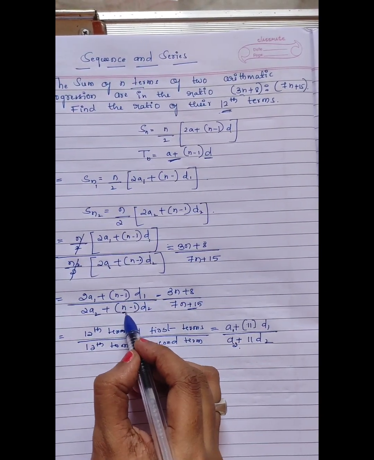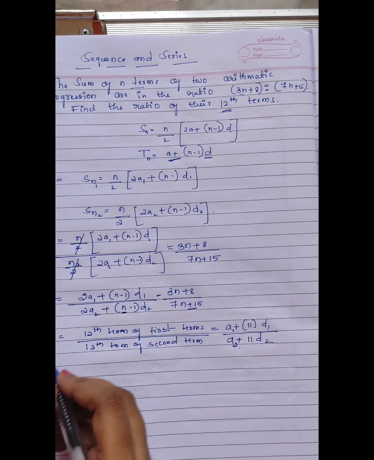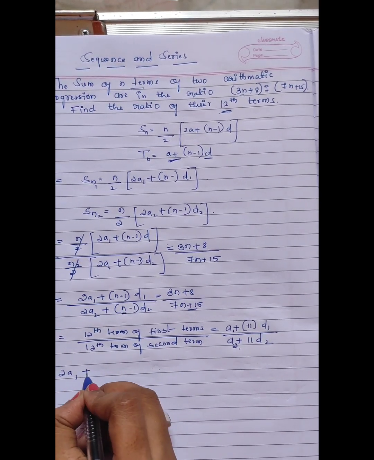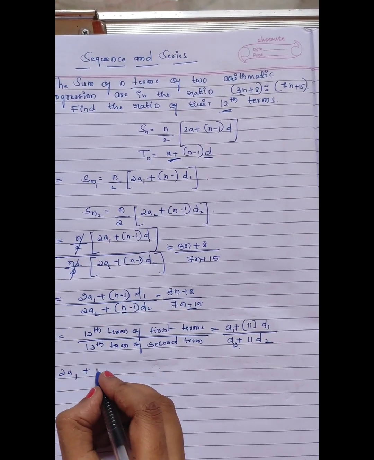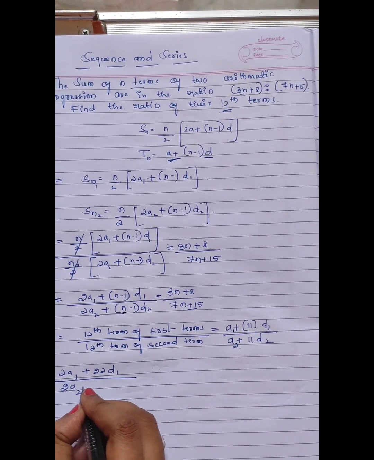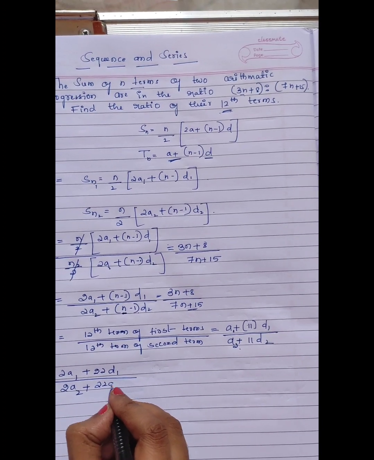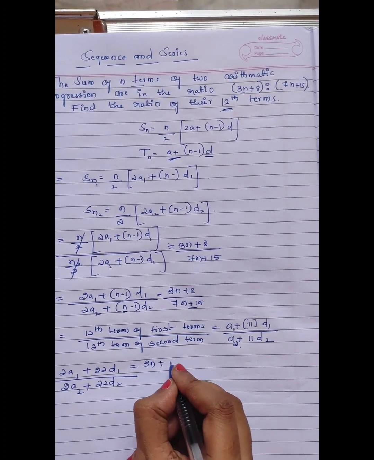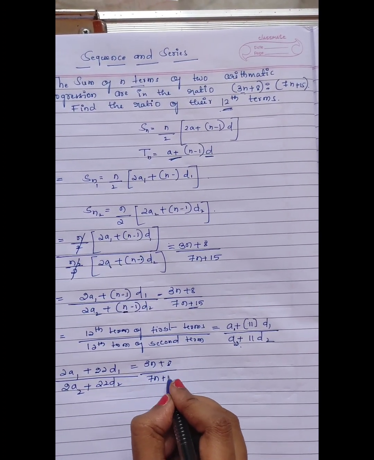So suppose I put n equal to 23, what will we get here? 2a1 plus (23 minus 1) is 22 d1, divided by 2a2 plus 22 d2, equals (3n plus 8) divided by (7n plus 15).